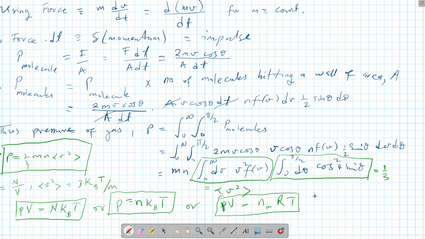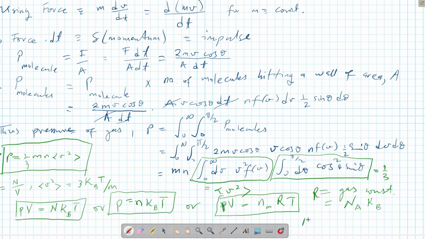Where R is the gas constant. R is equal to Avogadro's number Na times kB.